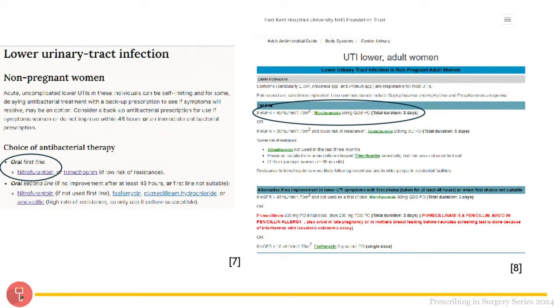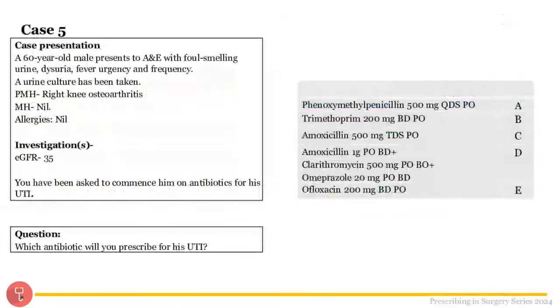And her EGFR was above 45, so we're okay to use the nitrofurantoin. Any questions for this case? Okay, let's move on to the next case.